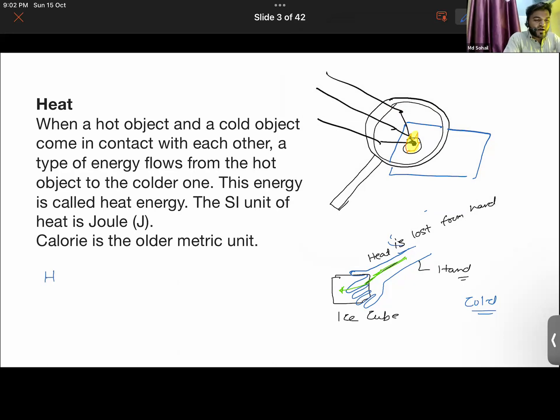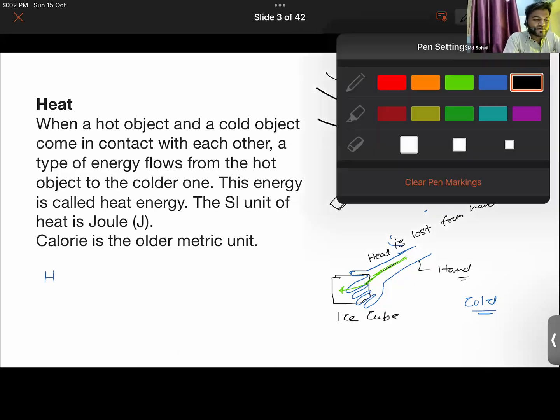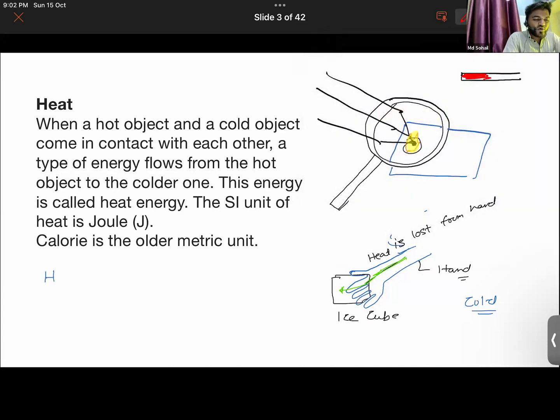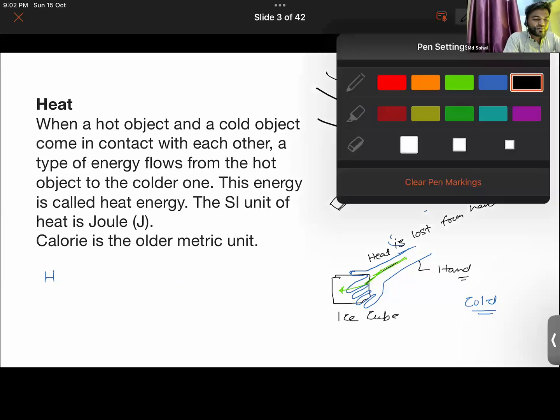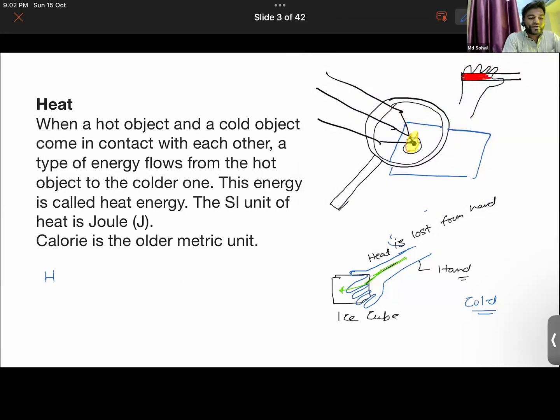If I were to touch a piece of iron rod that is, let's say, hot, that is warm, if someone accidentally touches it, what basically happens? The heat from the iron rod transfers to our hand. So the flow of heat will be from the iron rod to our hand.